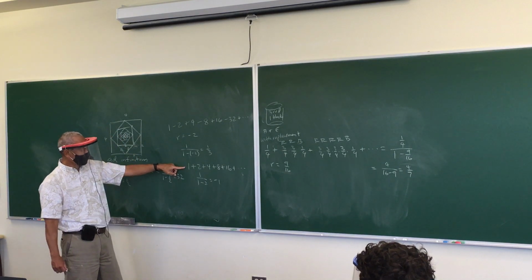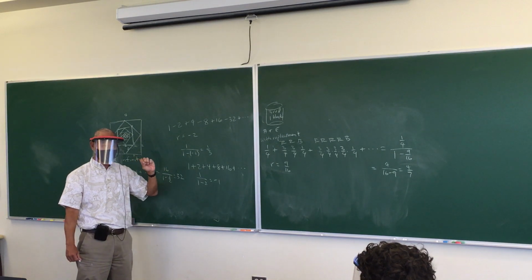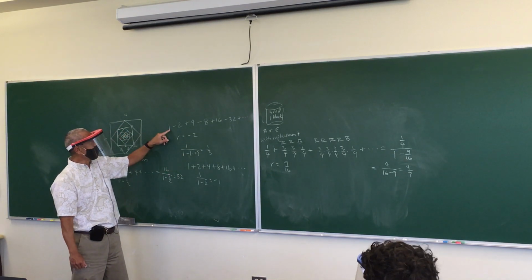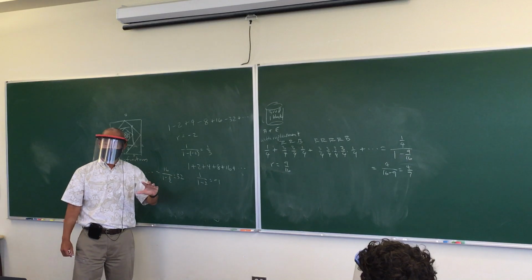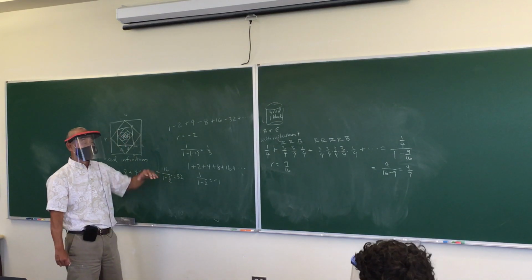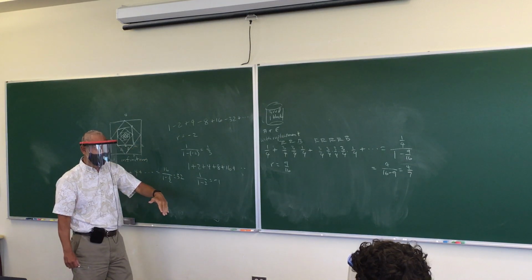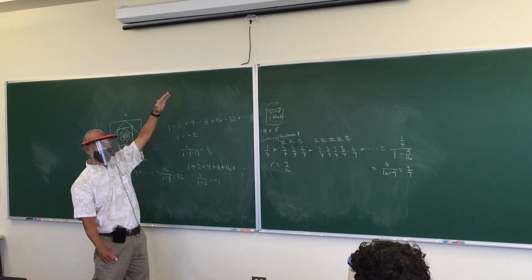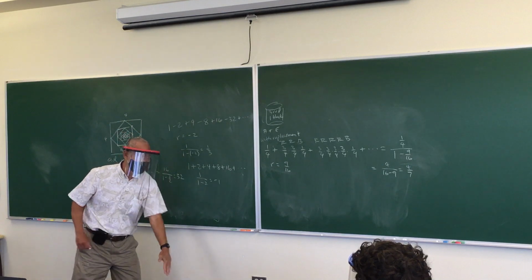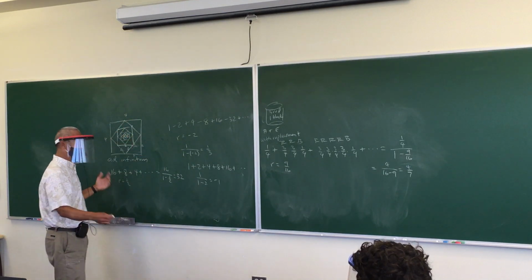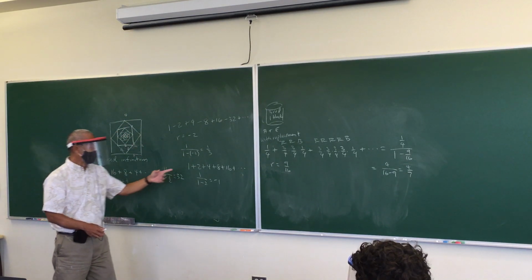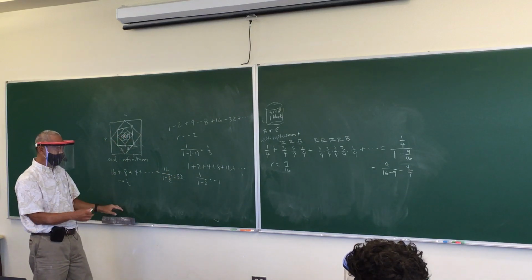This one diverges to infinity. This one simply diverges, because you're adding a positive number, then a bigger negative number, then a bigger positive, then a bigger negative, so it just jumps back and forth. So it simply diverges, whereas this one diverges to infinity.